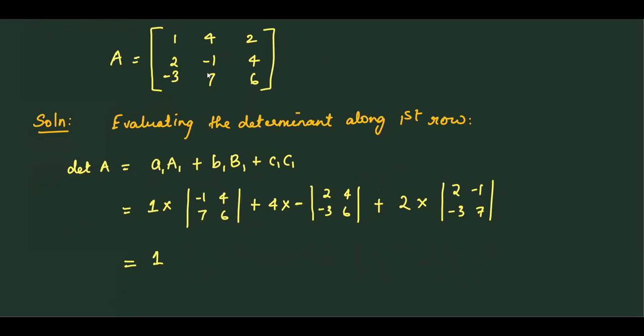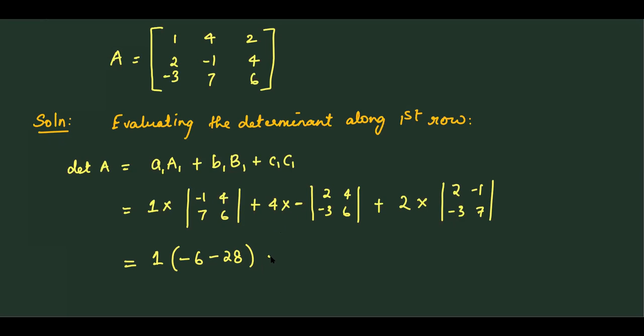You can write this as 1 into determinant of this, which is minus 1 into 6, that is minus 6, minus 7 4s 28. So minus 6 minus 28, AD minus BC.